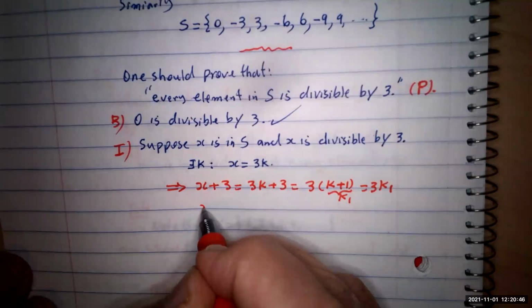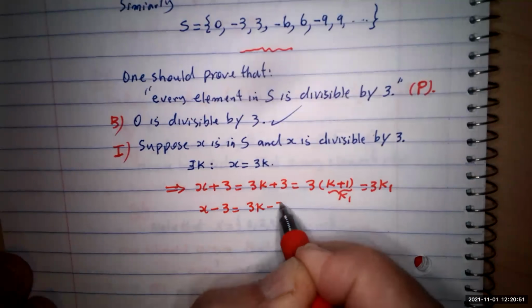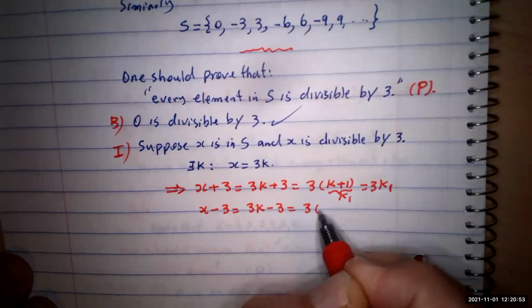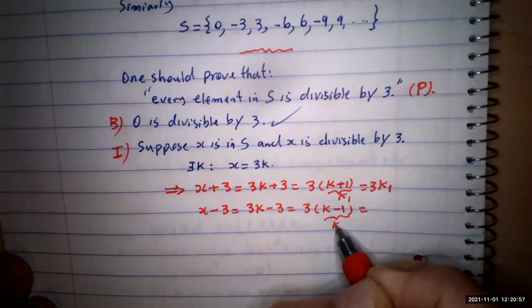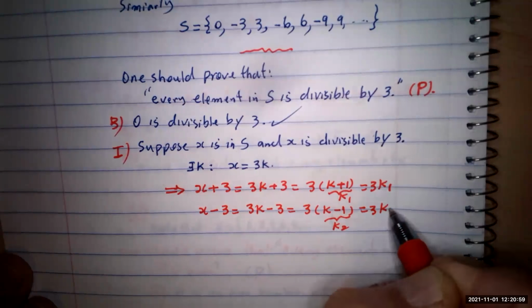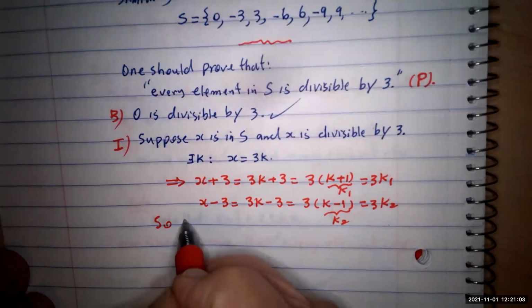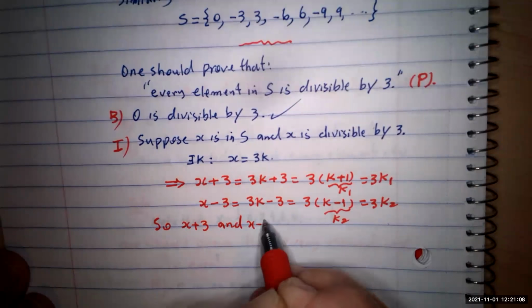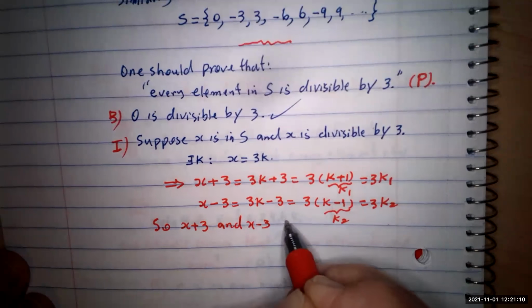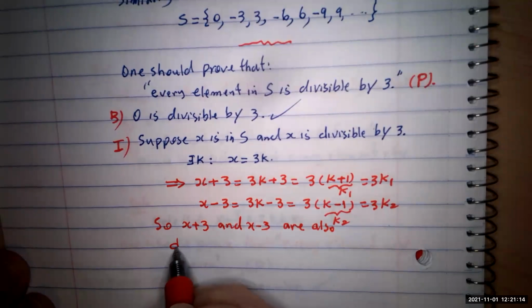And X minus 3 is going to be 3k minus 3, which is going to be 3 times k minus 1. You may call this one 3k2. So X plus 3, the children, and X minus 3 are also divisible by 3.